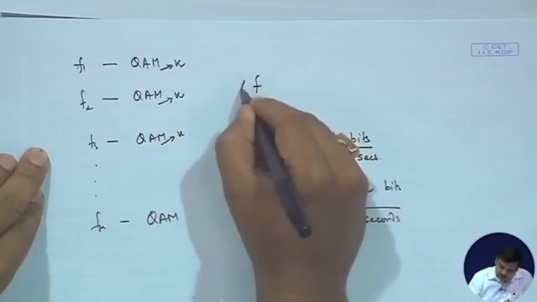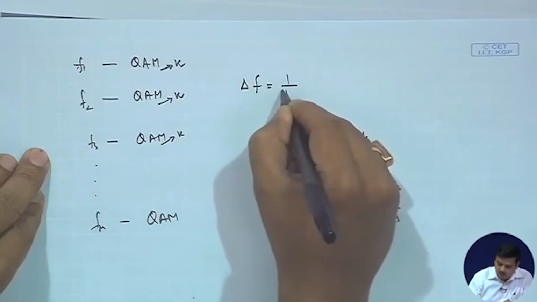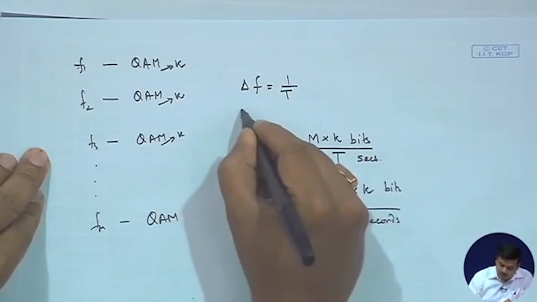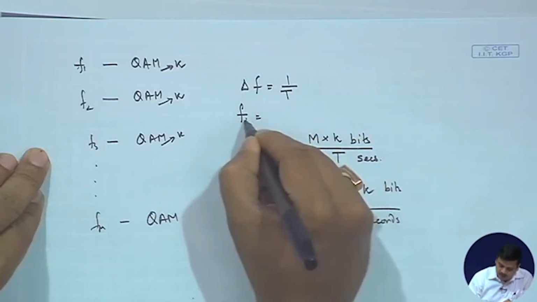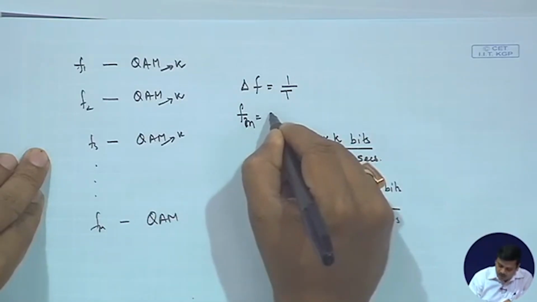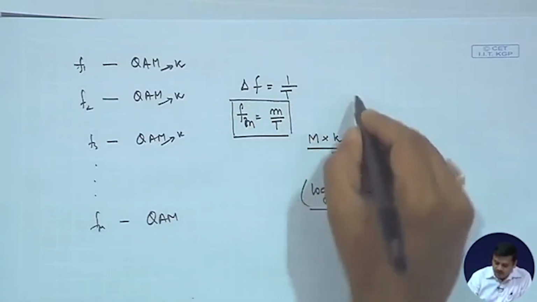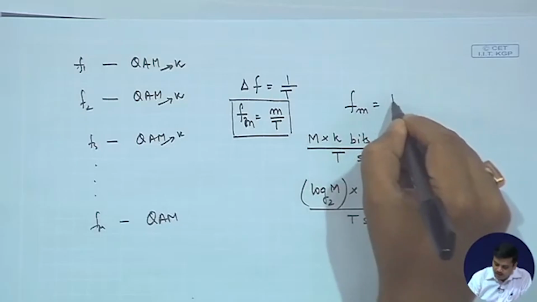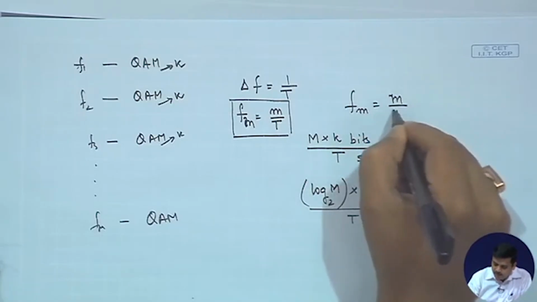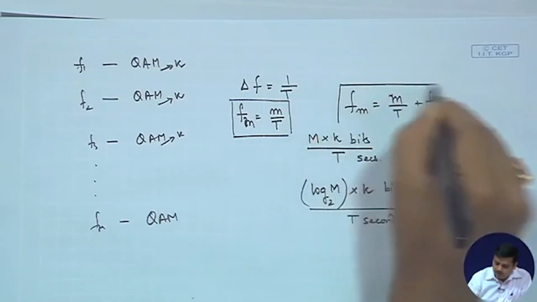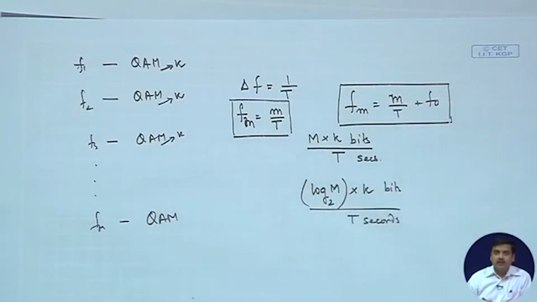So, now we have mentioned that we could do this provided the delta f is equal to 1 upon t. So, that means f m is equal to m upon t, or you could say m plus 1 upon t to avoid the 0. That is not a problem, because the 2 pi f c t carrier is there. So, if you are having frequencies of this fashion, or you could say f m is equal to m upon delta t plus f 0, where f 0 is the base frequency, then it would also mean the same.